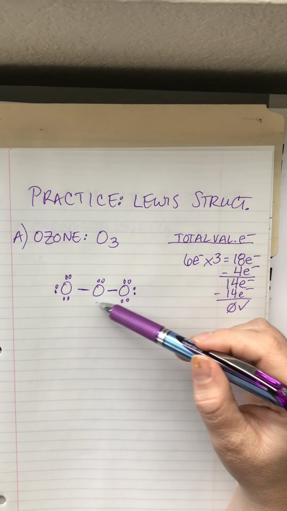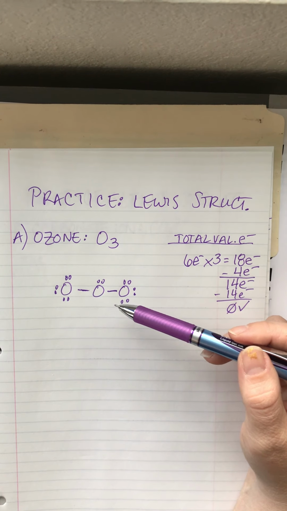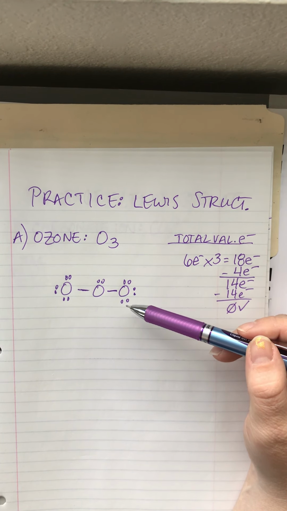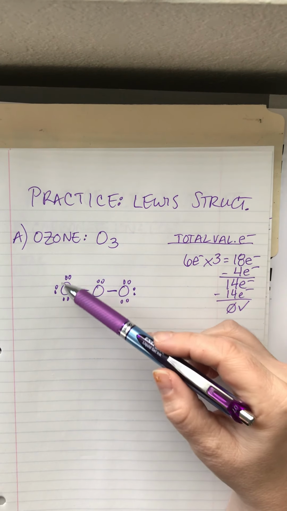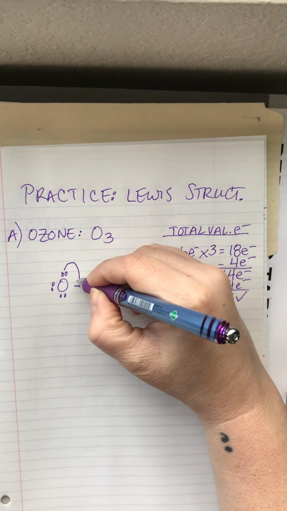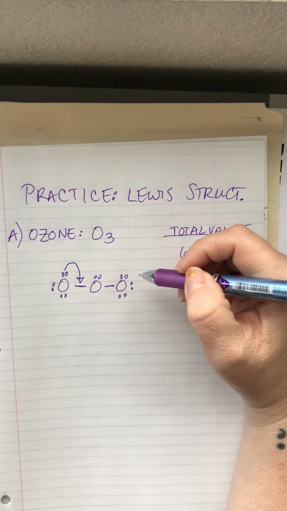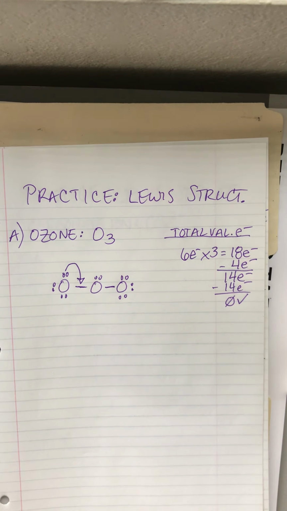So this oxygen does not have its octet satisfied. When that happens, we want to share one of the lone pairs on the other atoms in a double bond to satisfy the octet on this central atom.